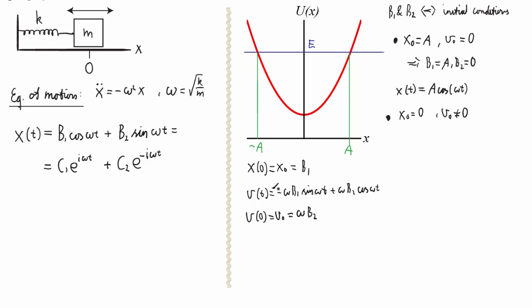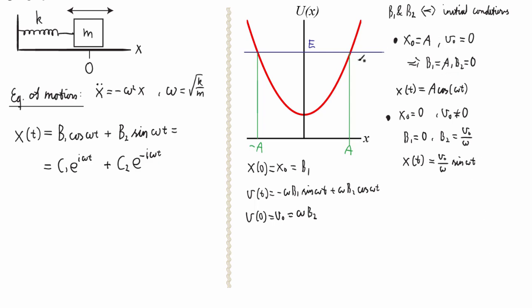Just looking at our result down here, we can see that b1 is 0 now and b2 is not. So we now have the result that x of t in this case is v naught over omega times sine omega t.